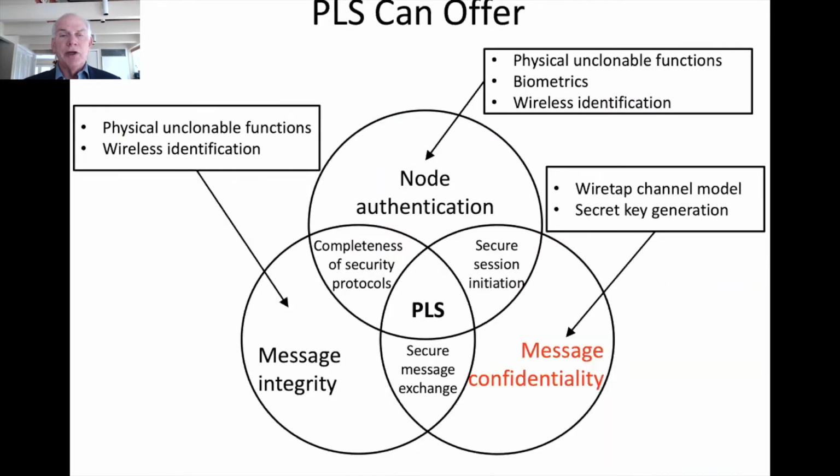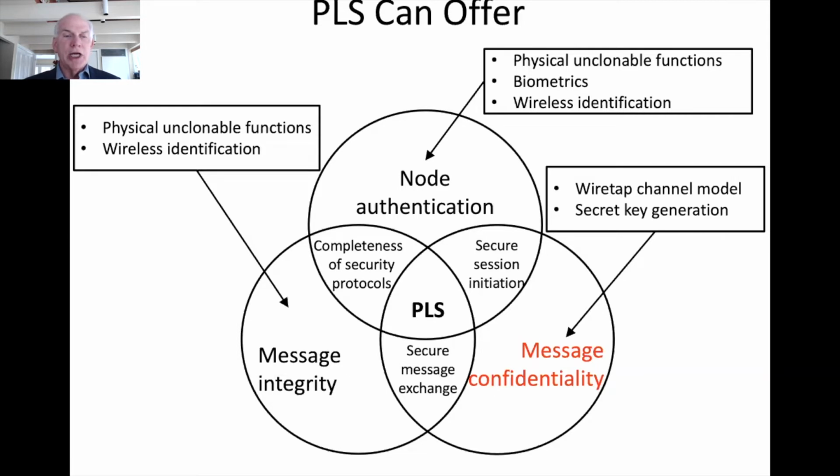So what can physical layer security offer? Well, there are physical layer security issues in almost all parts of security. Node authentication: there's a lot of work on using biometrics or physically unclonable functions to identify wireless hardware.